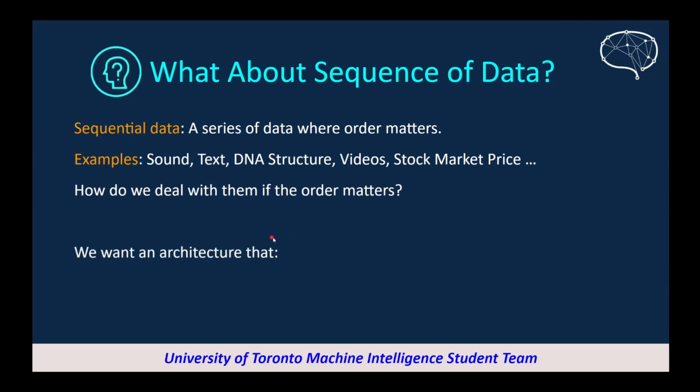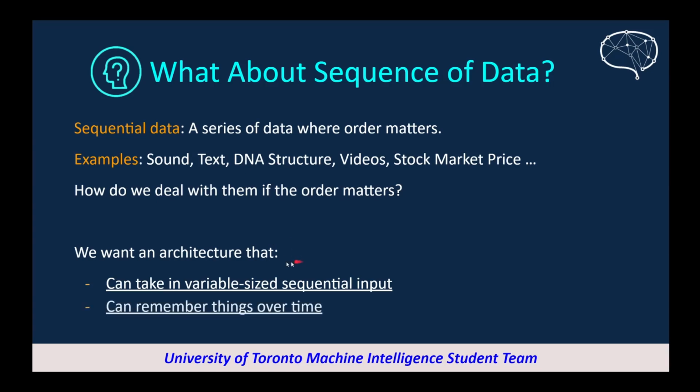So what do we want? We want an architecture that can take in variable-sized sequential input. Variable size may mean, for example, a paragraph, a sequence of words or characters. It could contain maybe 200 words or 300 words, and the model can process that. And it can remember things over time.